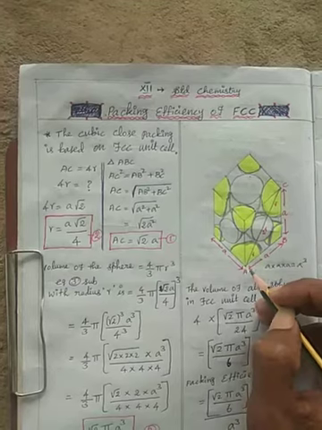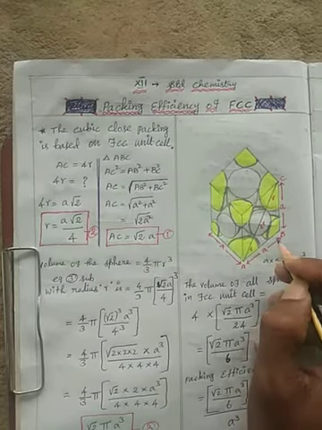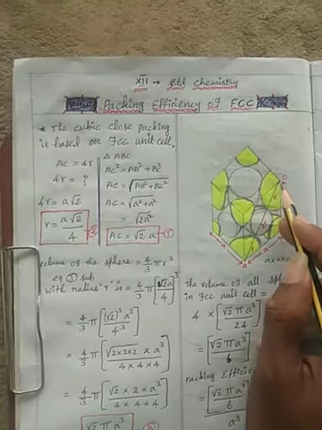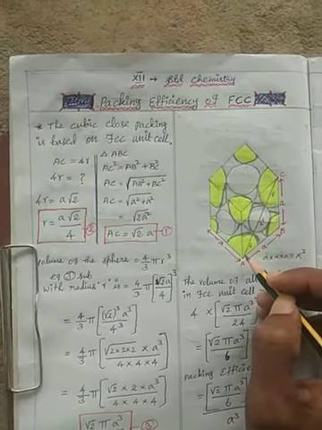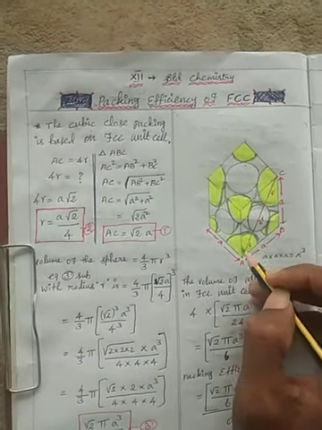First, take triangle ABC and calculate AC.